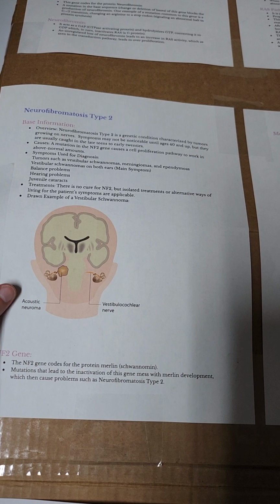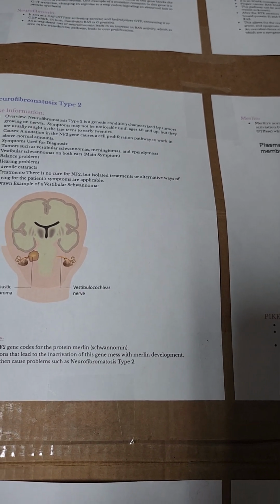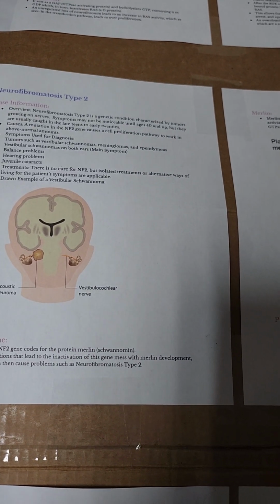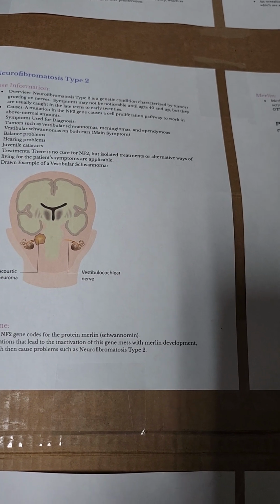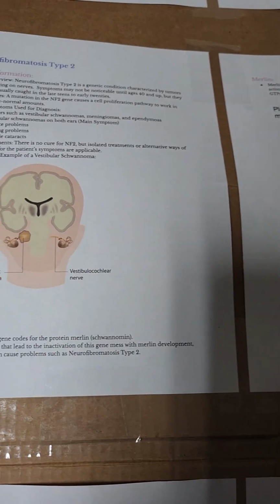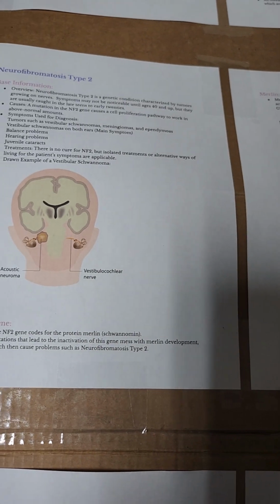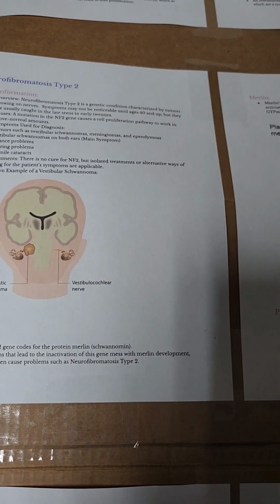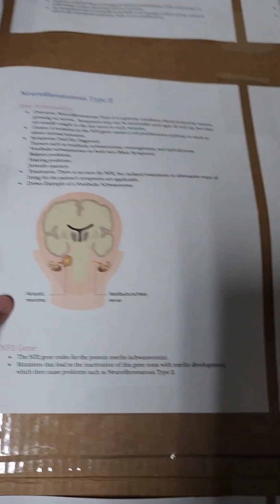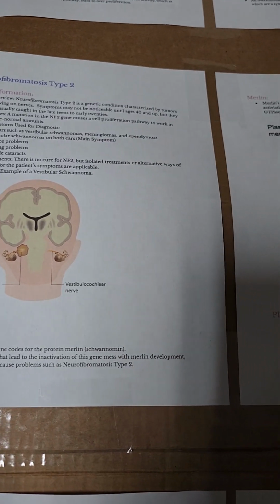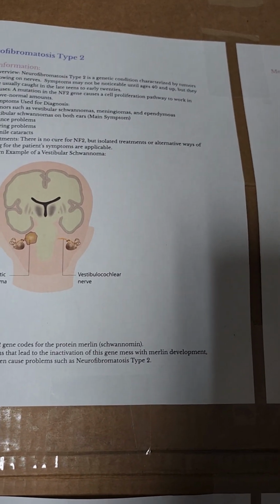And when it is on the ear nerve, it is called an acoustic neuroma because it is on the acoustic nerve, right? But this specific schwannoma is what they look for because it is one of the main indicators of neurofibromatosis type 2.